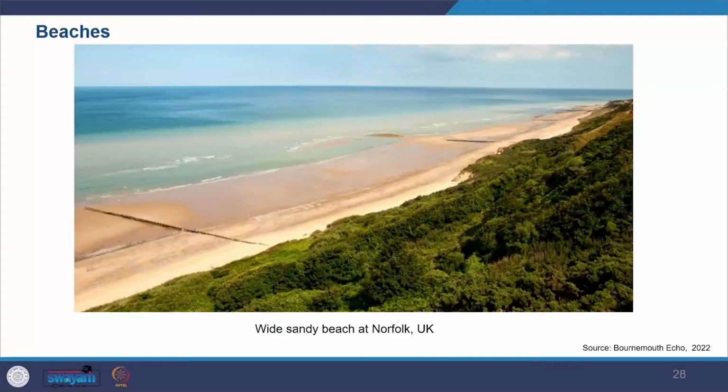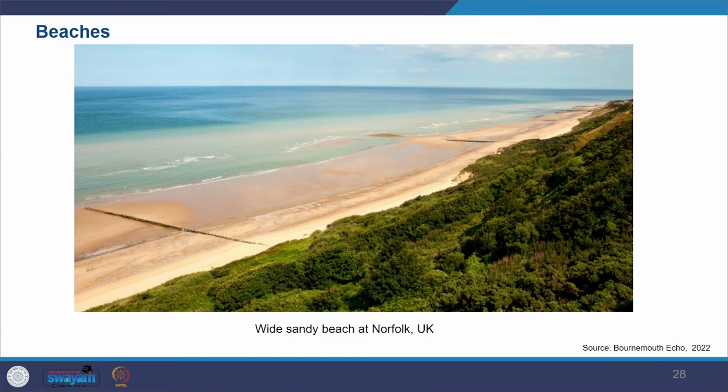The process of sediment deposition leads to a variety of coastal landforms. Looking at some of them, you can look at beaches. You are familiar with beaches. A beach is an accumulation of loose sand or shingle that changes shape in response to changes in wave energy.